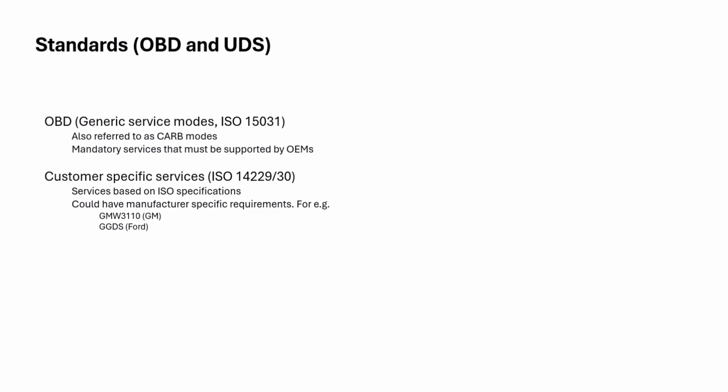We have more than 20 services in UDS, and all of them are needed for diagnostic purposes. We will be discussing this UDS in the next slides. Services based on ISO specifications could also have manufacturer specific requirements, maybe GM or Ford.